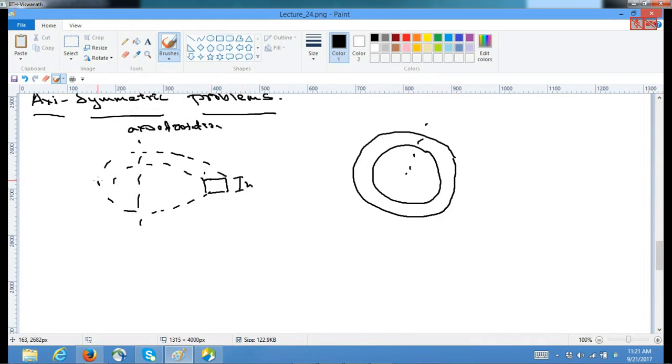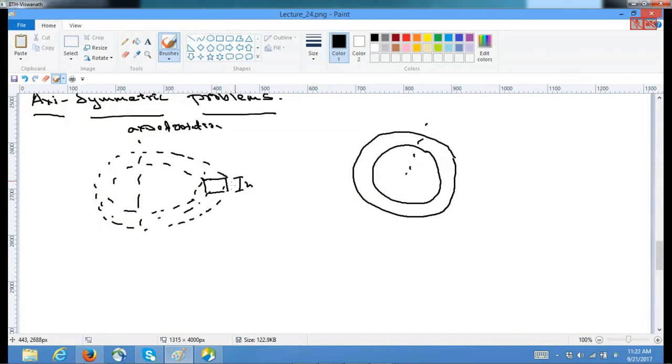I may not be drawing it well, but this is axisymmetric, so it has to be a perfect revolution, and similarly the downwards will also have the same thing.